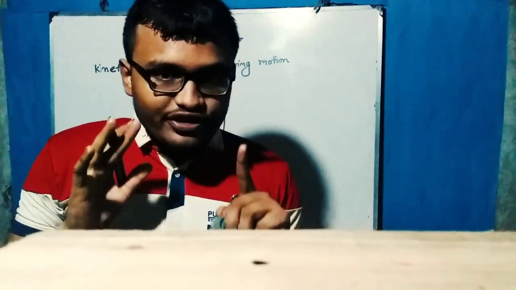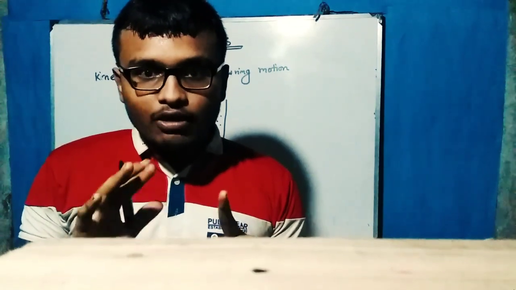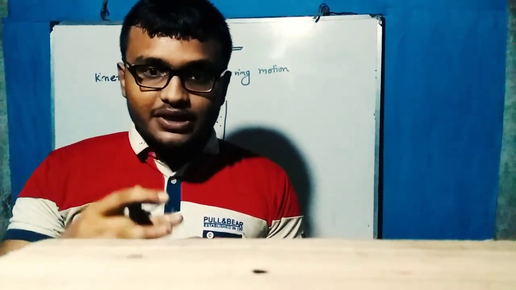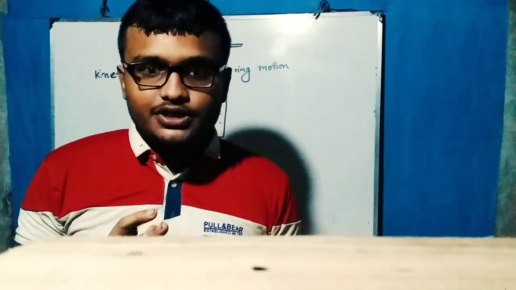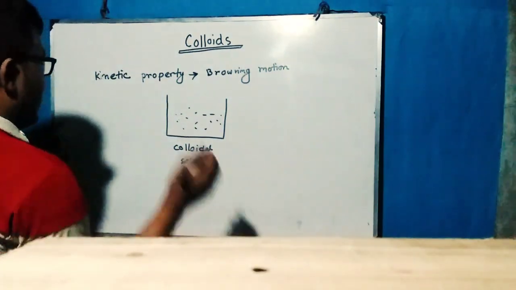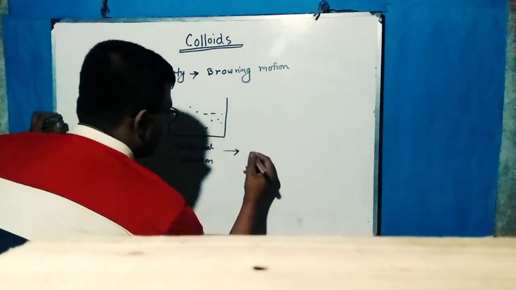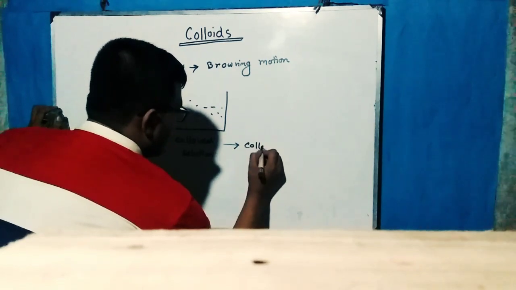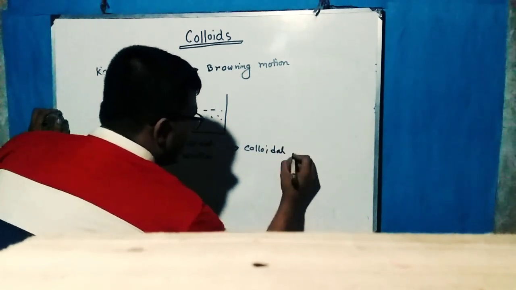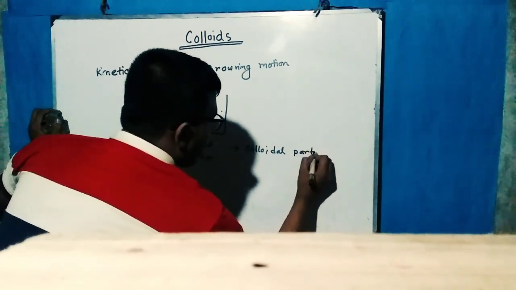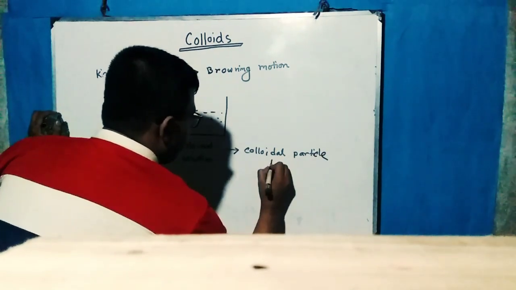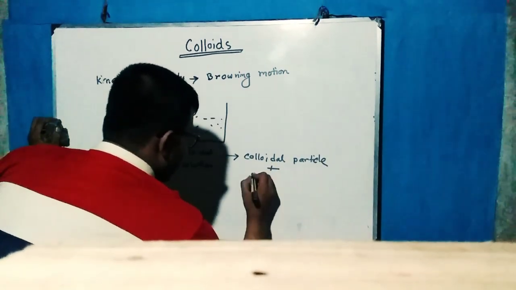We also know that when we learned about the purification of colloids, we knew that the colloidal particle size is much larger than the electrolytes. So the colloidal solution is colloidal particle plus electrolytes.